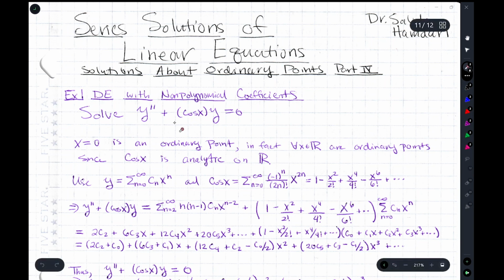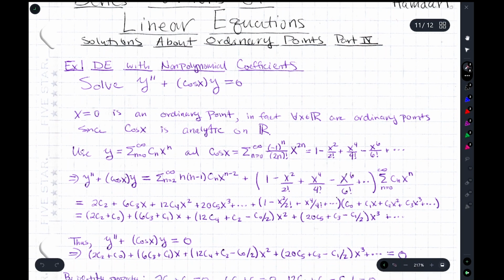You need this to be analytic. Turns out here, cosine x is analytic on all of R, so no problem, but you still have to pay attention. If this was a natural log, we could not expand about x equals 0; it would be a singular point in that case. But here it's just cosine.